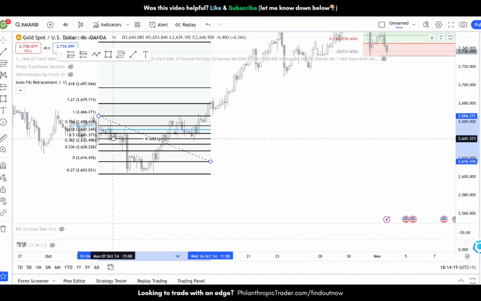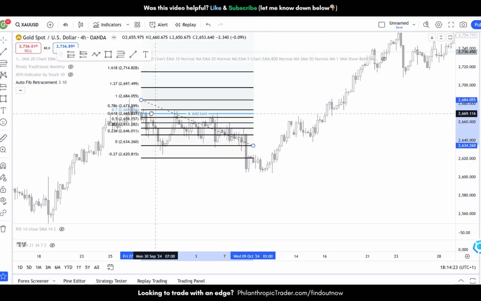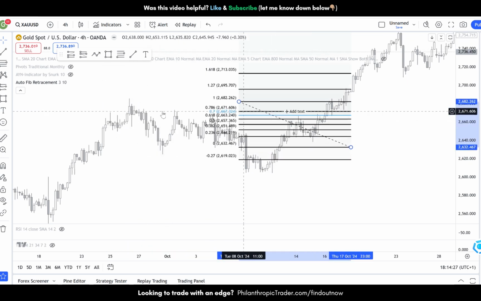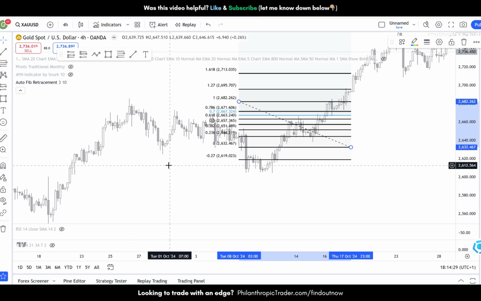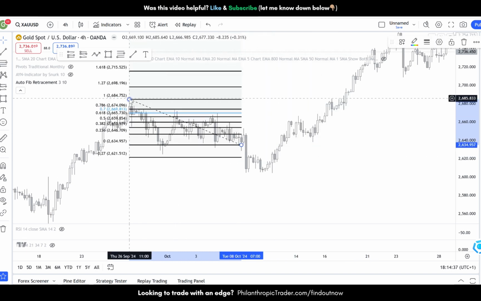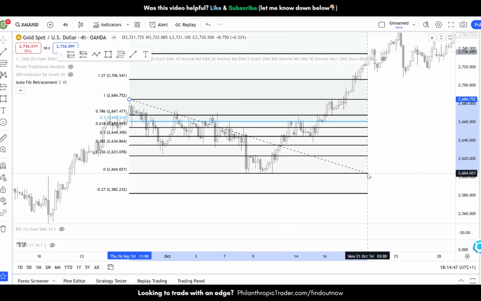What you do is identify the latest high, for example, over here, this is the latest high, and you identify the latest low, which is, for example, here. You get the Fibonacci retracement, you click over here, and make sure that it's also over here.